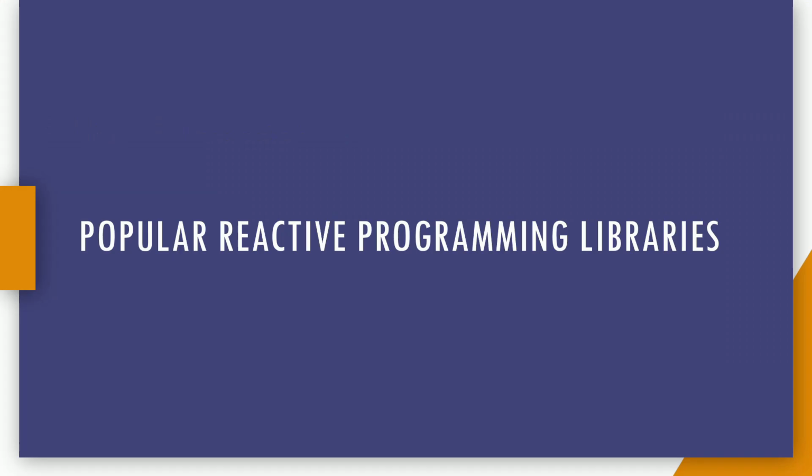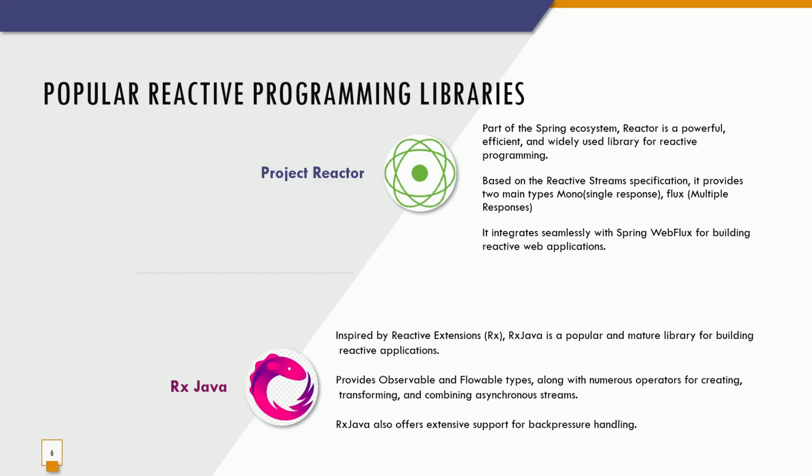There are some popular reactive programming libraries that we have. The first one is Project Reactor. Project Reactor is part of the Spring ecosystem. Reactor is a powerful, efficient, and widely used library for reactive programming.